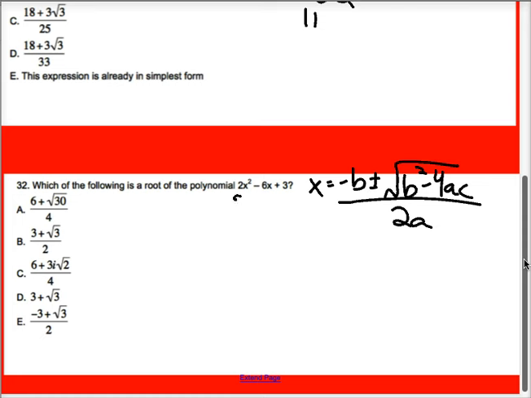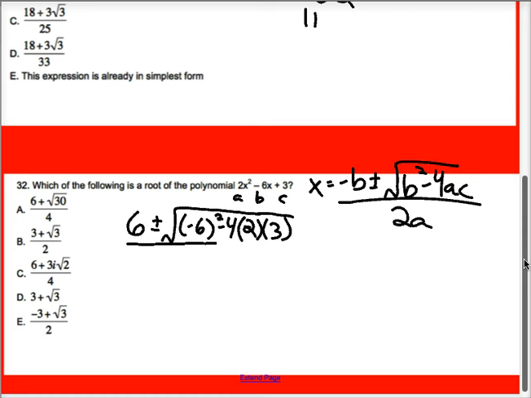So with the 2 being the A, negative 6 being B, and C being 3, now it's a matter of just plugging it in. So negative B would be positive 6 plus or minus the square root of negative 6 squared minus 4 times A times C, all over 2 times A.